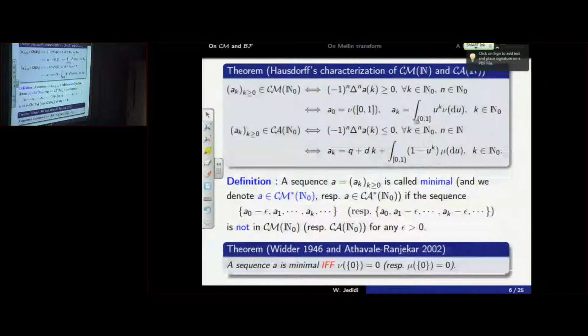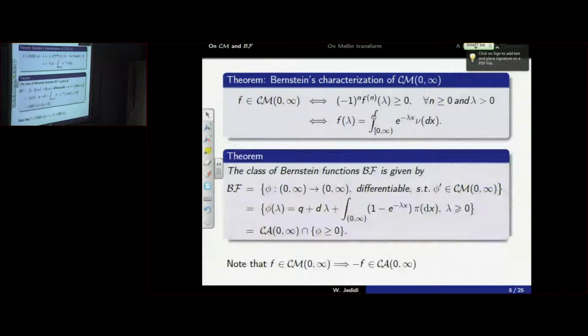The change of variable is evident: u is exponential minus x. Then f of k becomes a moment sequence. Then, from any completely monotone function, you can build the sequence a_k equals f(k), which is completely monotone.